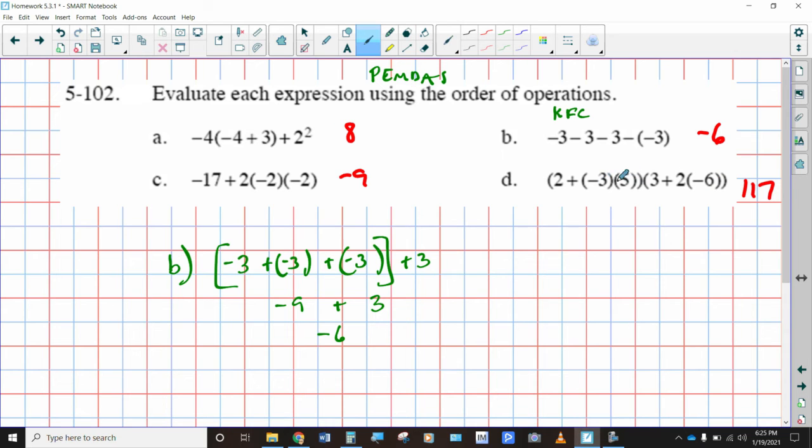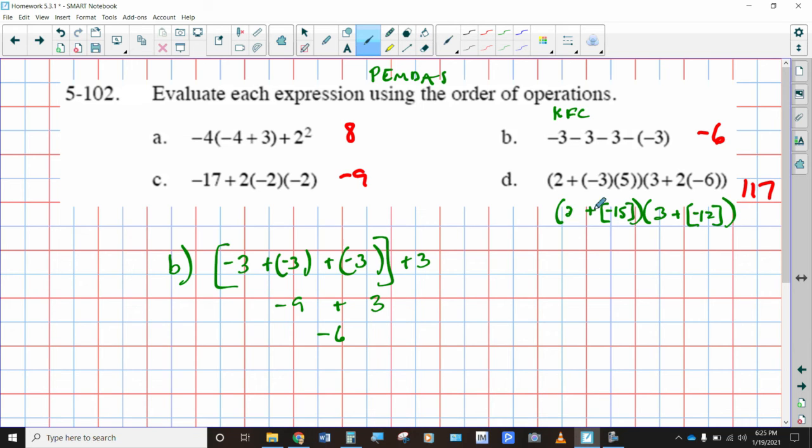So these two being next to each other means you're multiplying them. So we have to do the order of operations inside the parentheses. We're going to take 2 and add that to -15, and on this one, we're going to take 3 and add that to the -12.